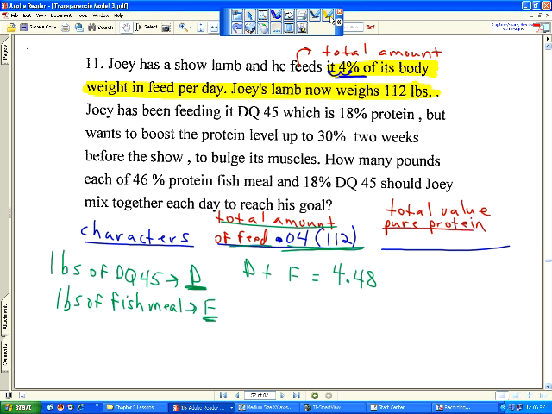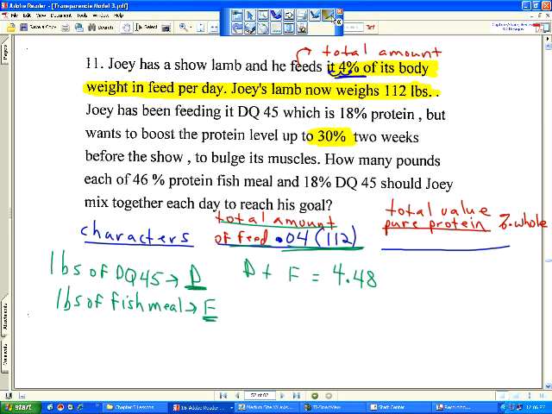And the way we find pure protein is we take the percent times the whole to get the part that represents pure protein, right? We're dealing with percentages here. Now, what protein level are we trying to get to? 30%.